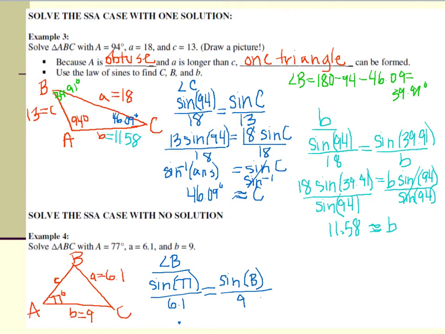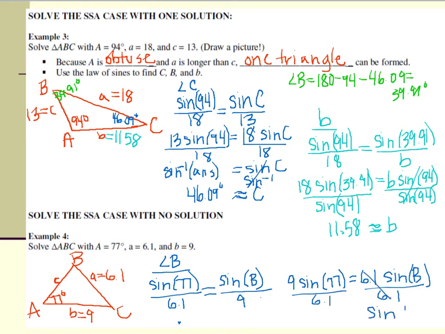Now when you cross multiply here, you'd get 9 times the sine of 77 equals 6.1 times the sine of B. Let's divide them both by 6.1 to get that sine B alone.